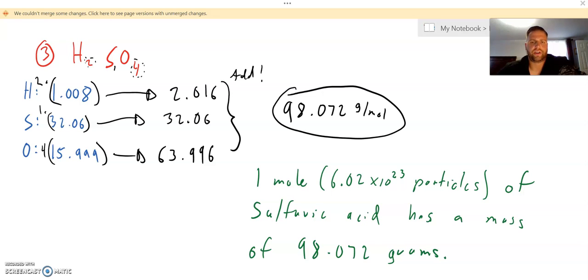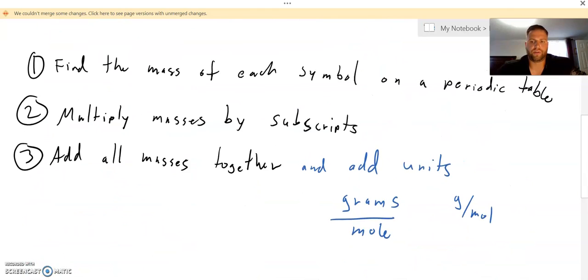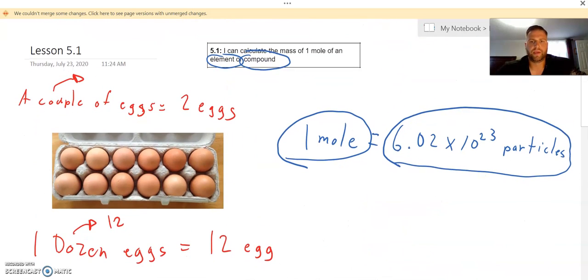So just as a conclusion here, if you're comfortable with adding and light multiplication, and you can find numbers off the periodic table, then this skill is pretty much in the bag. And remember, the reason why we went over the quantity of a mole is because when you calculate a molar mass like we just did off a periodic table for an element or a compound, okay, you are calculating the mass of 1 mole of that substance, it's called.